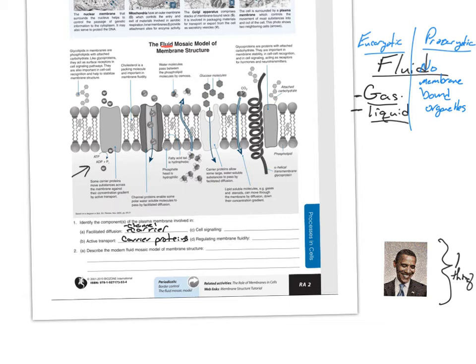So how does your body know that your blood has too much sugar or too little sugar? It's these cell signaling proteins that help with this. And the types of cell signaling molecules are glycoproteins and glycolipids.